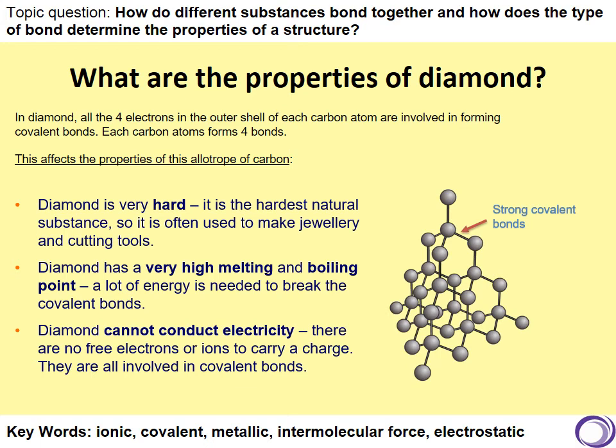It's the hardest natural substance, and this means that we often use it for things like jewellery and cutting tools. Diamond has an incredibly high melting and boiling point because it needs lots and lots of energy to break the many strong covalent bonds. And because all of the electrons in the outer shell of the carbon are involved in bonding, there are no free electrons, and so diamond cannot conduct electricity.